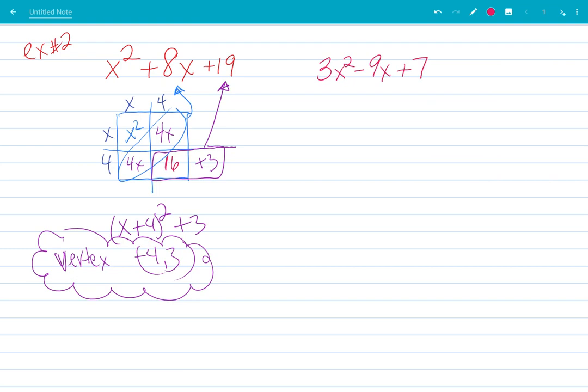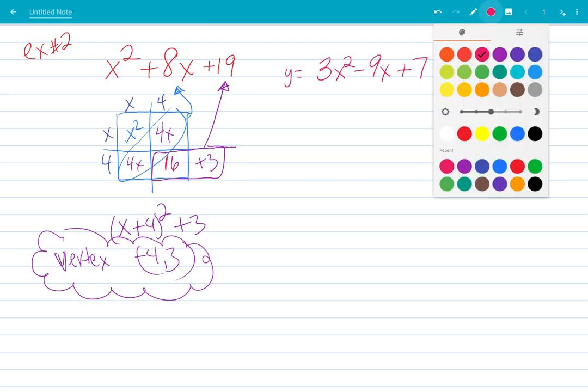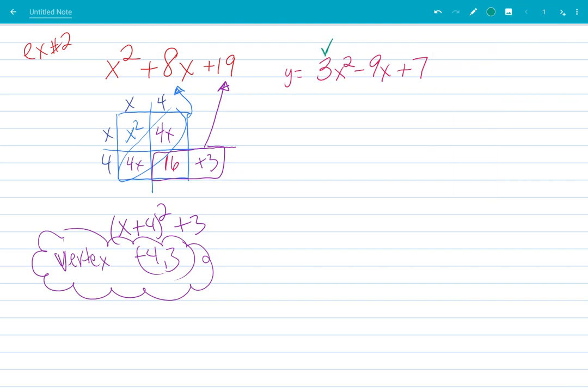And we'll make it a function, y equals. Now, when they have an extra number in the front, you need to get rid of it. How can you get rid of multiplication?